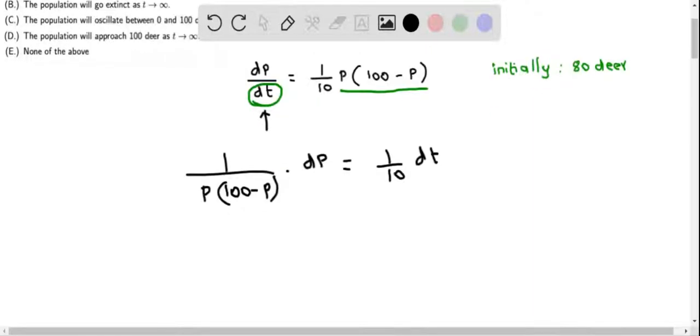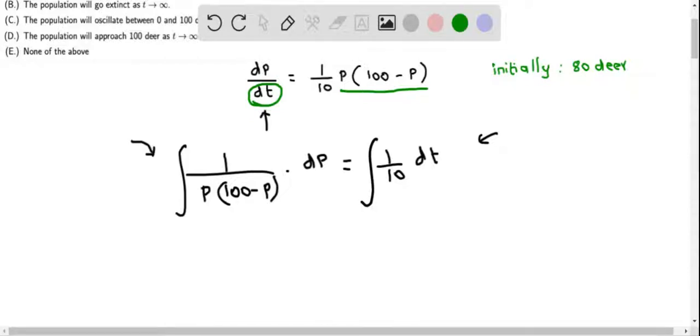Now we can see that we have separated the variables, that is all P and its derivatives on the left side, and all t and the dt on the right side. This means we can now integrate to solve for P, so we do the integration on both sides.